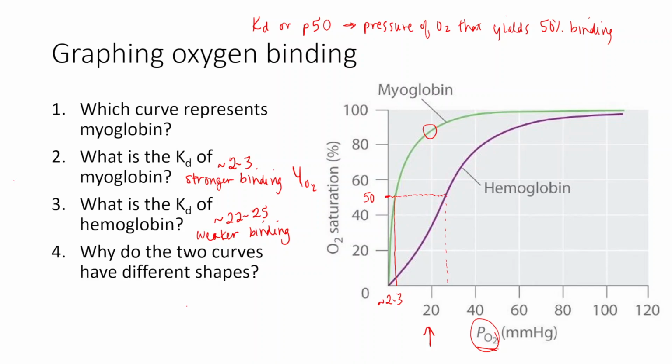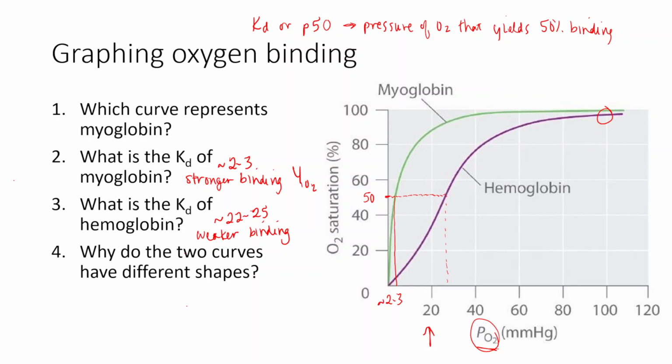More bound means it's going to grab on tighter. But if we're looking over here at 100 torr, they're about the same. So it depends on the environment. But in general, you could say myoglobin is almost always going to bind more strongly, because you see that its curve is above the curve for hemoglobin.